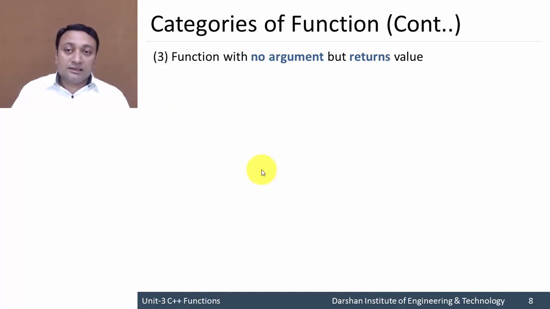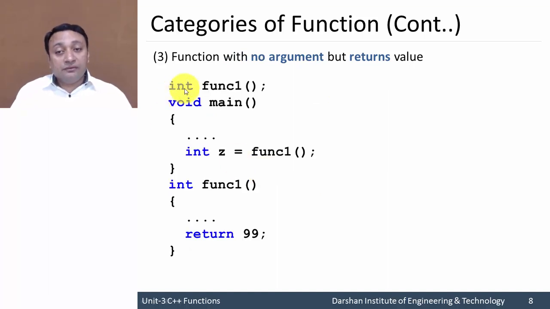Third category, that is function with no argument but returns value. Here we are having no argument, so I have written nothing here. You can also write void there, okay, but it returns value. The function will calculate some values and return. So here I have written type integer.